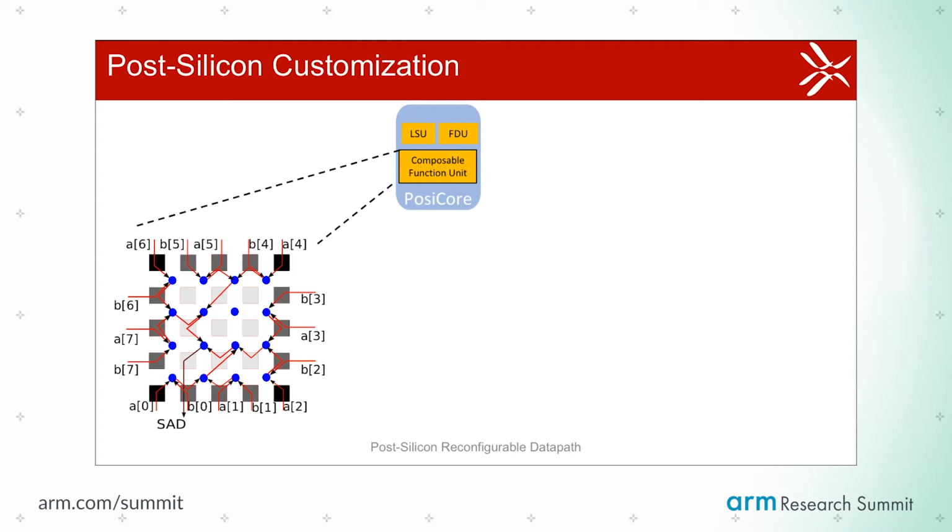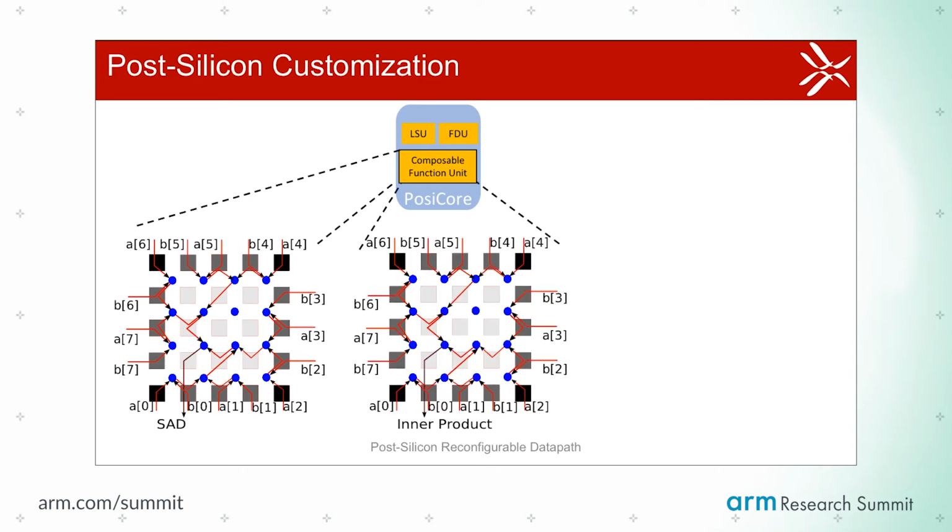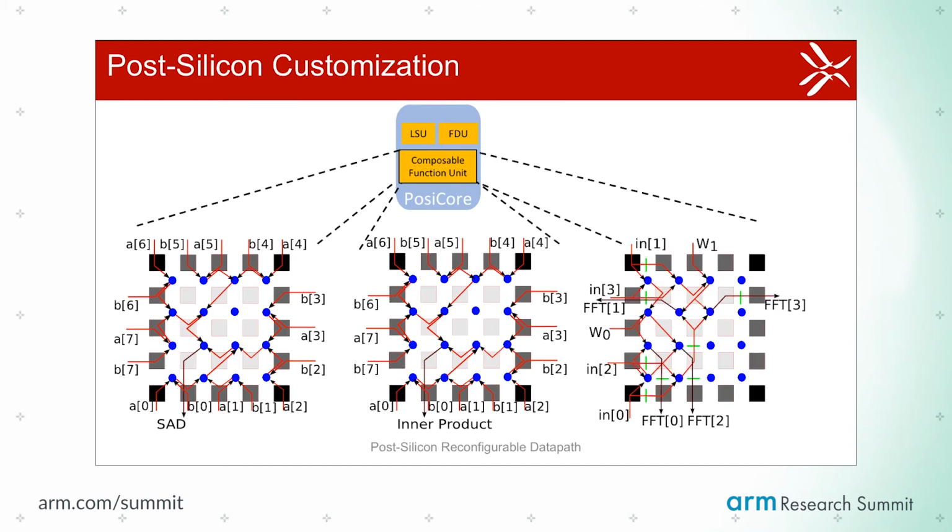This figure shows CCFU configured to perform different IEs. The first one shows the sum of absolute differences as an IE realized on the CCFU. The same CCFU is then configured to perform another IE, namely the inner product of two vectors.